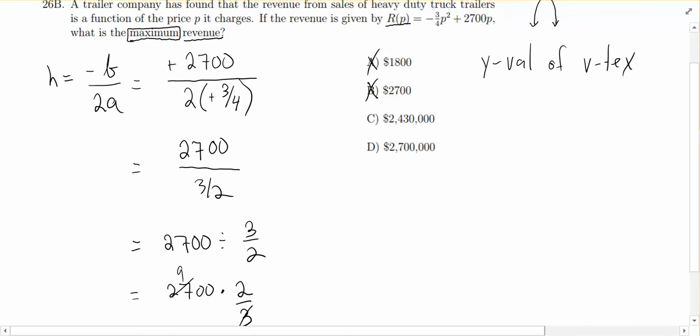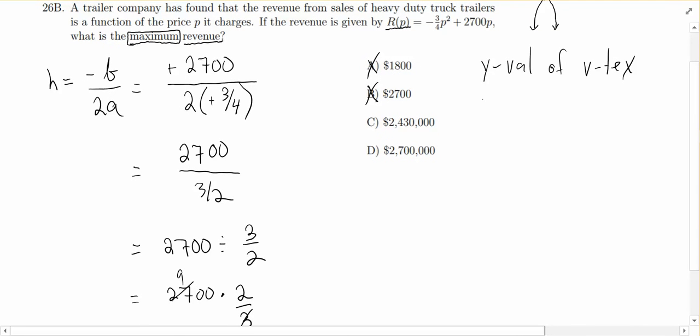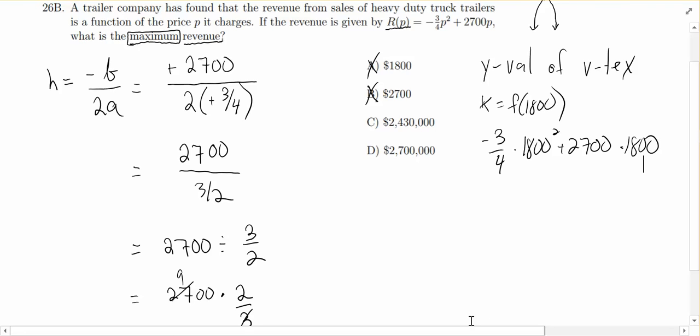Now, from here on out, it should be pretty easy, because the y value of the vertex is just to plug this 1,800 back in, at which point there's not really too much of an issue when it comes to parentheses. It's just going to be a straight up calculation that we're going to put those values in.